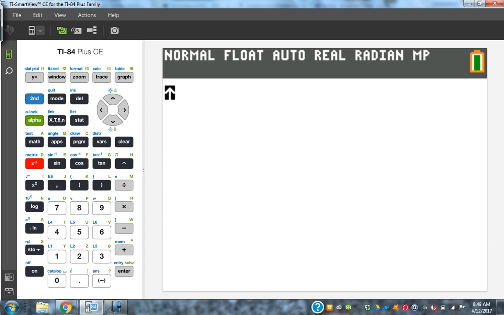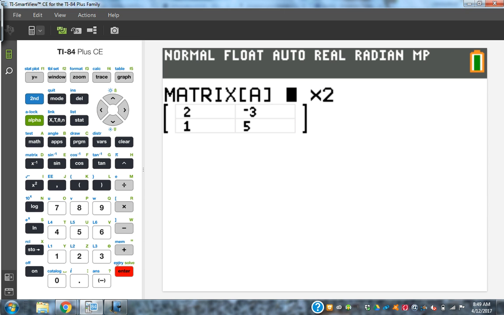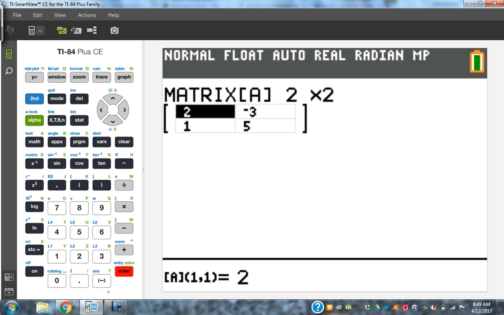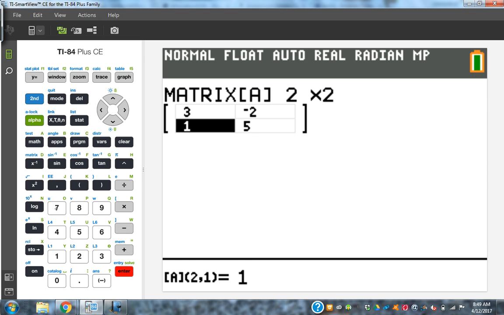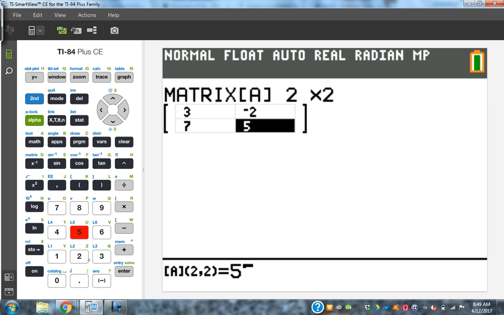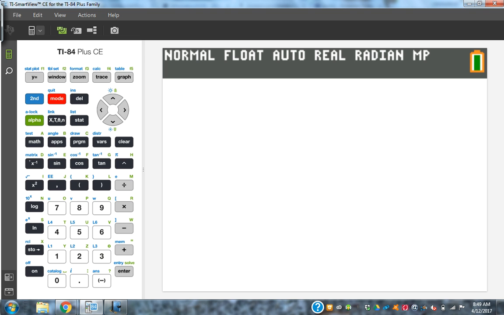Now, to do that with a calculator, I'm going to clear my screen. I go to the matrix menu and enter a 2 by 2 matrix. We need to know how to do this with the calculator anyway, because with larger ones you definitely don't want to do them by hand, not with a time crunch. So I've entered that matrix, and now I want the determinant.